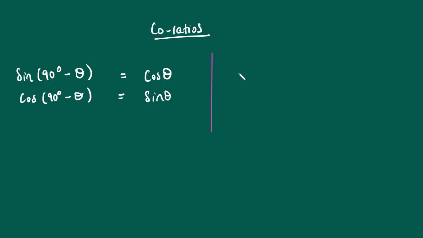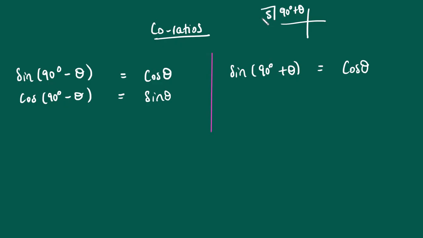Now, what about if you had sine 90 plus theta? Right. So if you have 90 plus, the sine is still going to change to cos. But then you must know that 90 plus is actually the second quadrant, whereby it's only sine which is positive, the rest are negative.